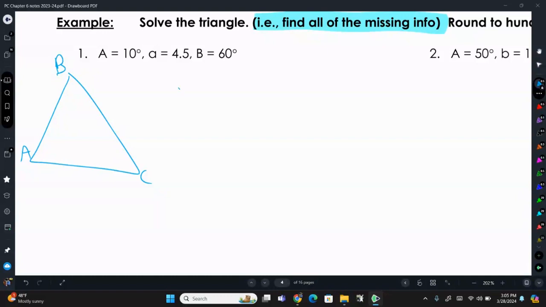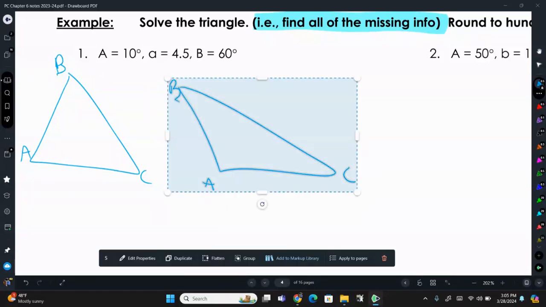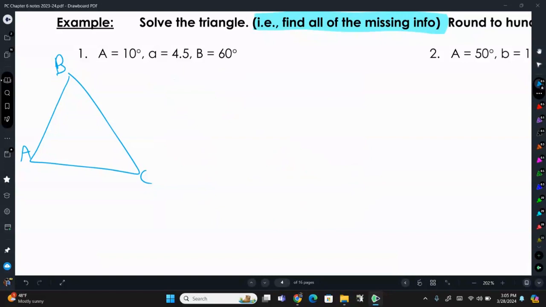How do you know it's not like this, where angle A is an obtuse angle? It doesn't matter. It's just for us to organize our information. And I think we can agree that this does not look like a 10-degree angle, but we're just organizing things.